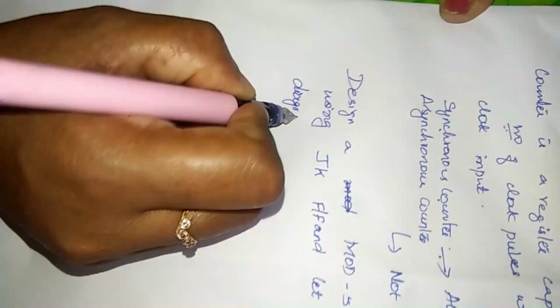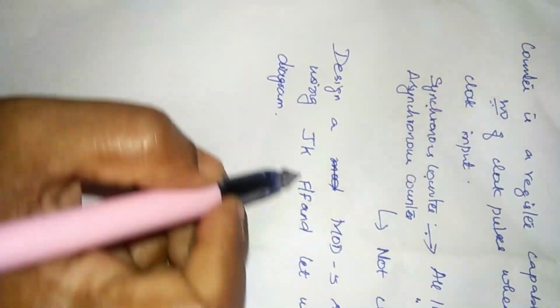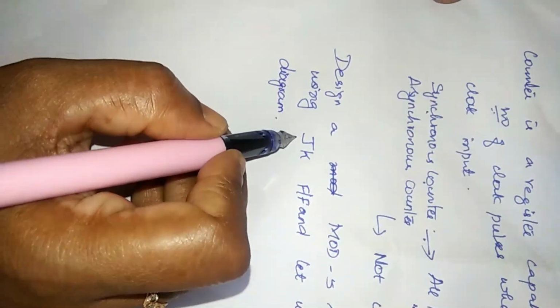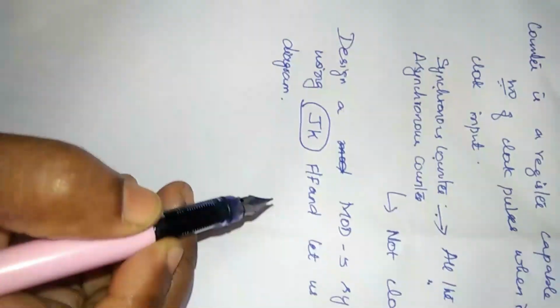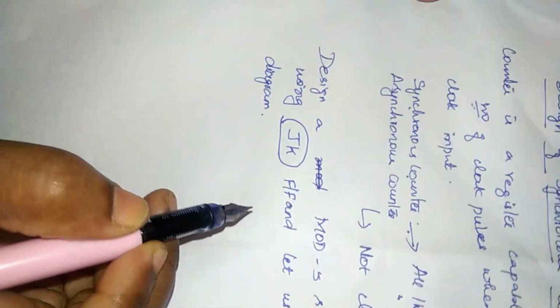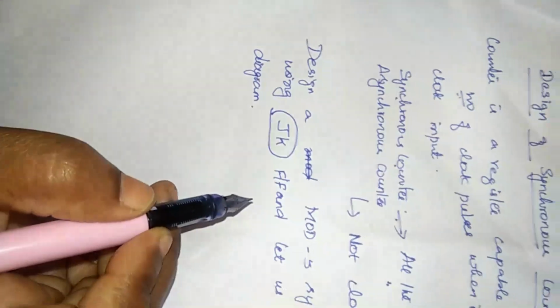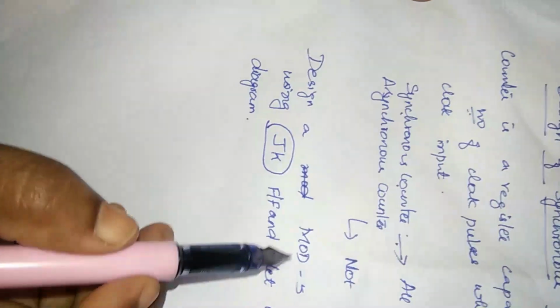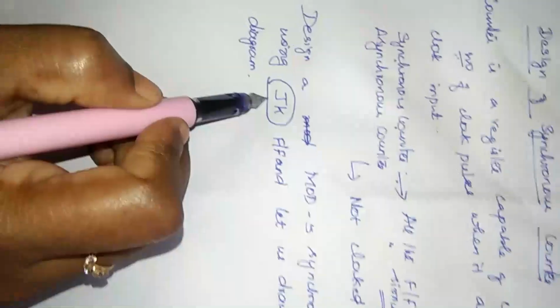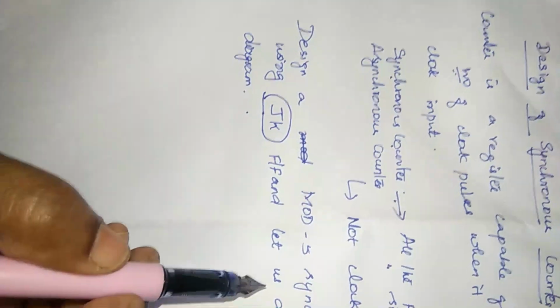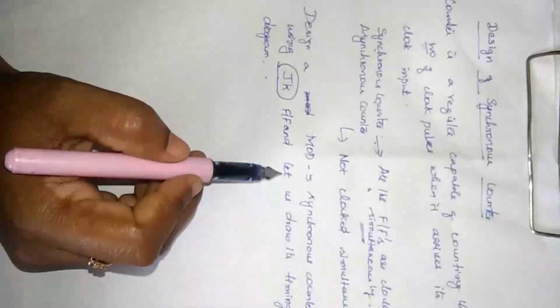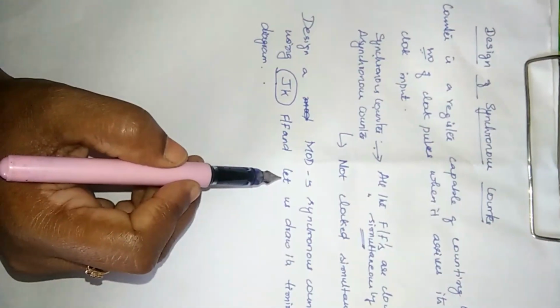This is the question given to us, and they have specifically mentioned to use only the JK flip-flop. In the previous session, when we saw the design of a synchronous sequential circuit, they asked us to use T flip-flop. Here they are asking us to use JK flip-flop. If nothing is mentioned, we can go ahead and use any flip-flop of our choice.